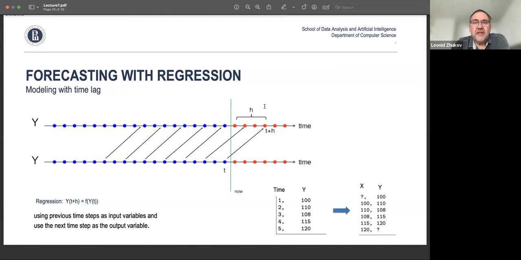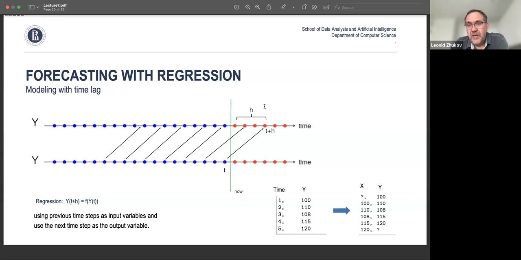The value of y at time t will be used to predict the value of y at time t plus h, and that's your step of prediction. So you're building a regression that is y at t plus h as a function of y at t, using previous time steps as input variables and the next time step as an output variable.